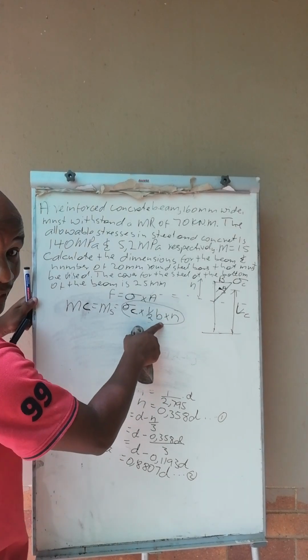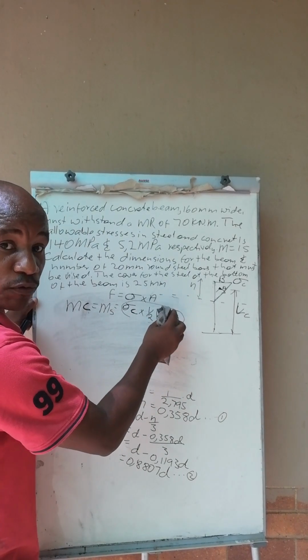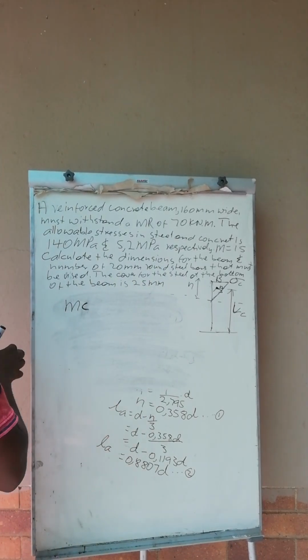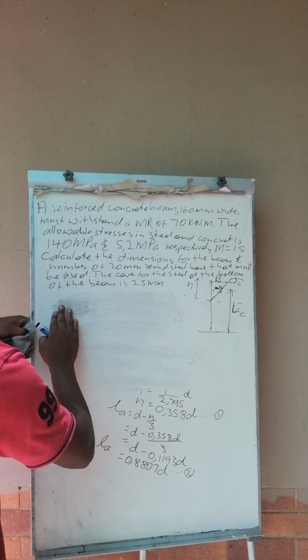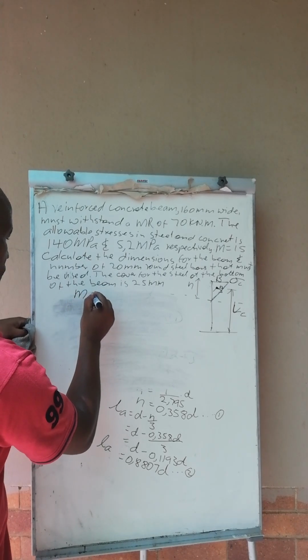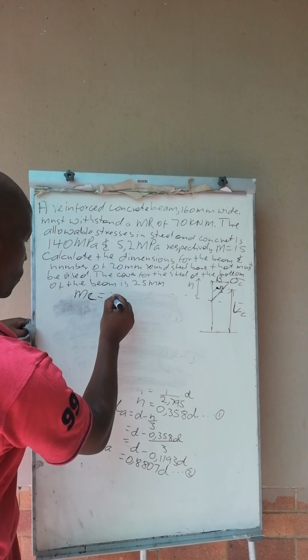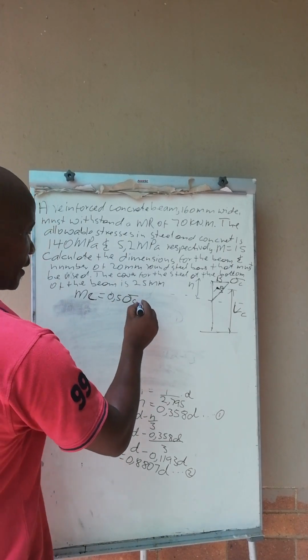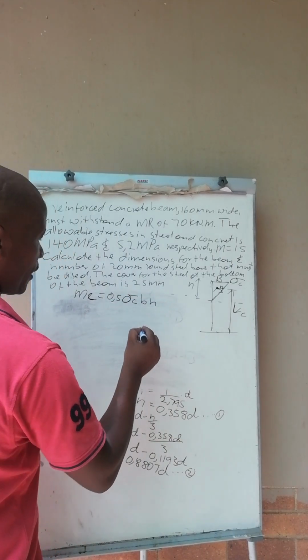Remember this, I wanted to show you first. The moment of concrete is equal to 0.5 multiplied by the stress in the concrete, b, n.